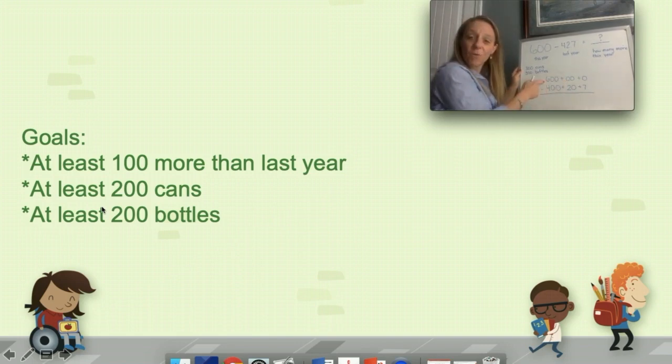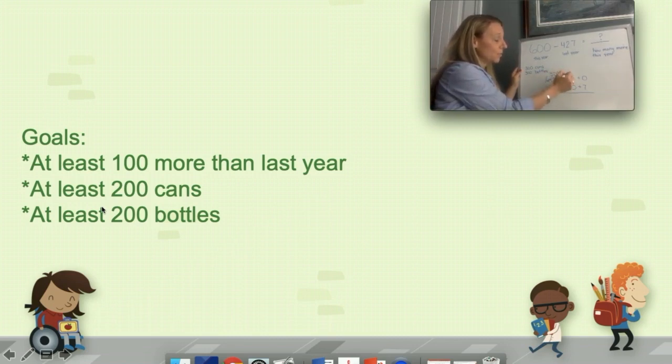So I have to come all the way over and break my hundreds down. If I break my hundreds apart, I know that 500 plus 100, or 10 tens, gives me 600.